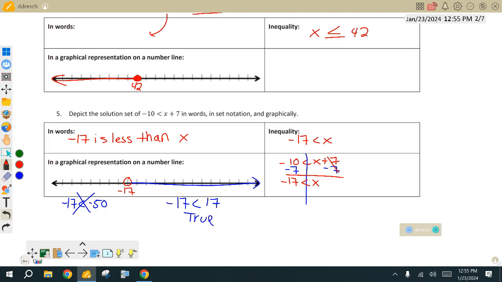The part that confuses a lot of people is this x on the right-hand side. You can't follow the direction of the arrow, which most of you have just grown up with, and your teachers say, shade the direction of the arrow. That's only true if the variable is on the left. When the variable is on the right, it goes out the window. So this is where I like to plug in a number.